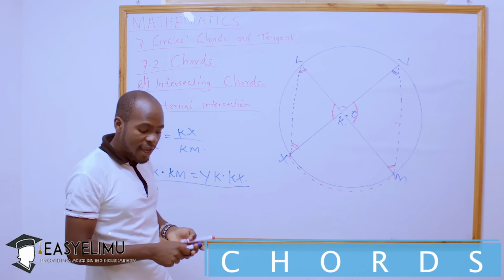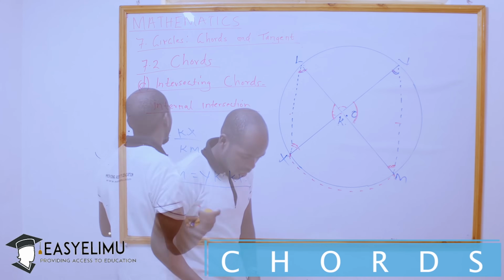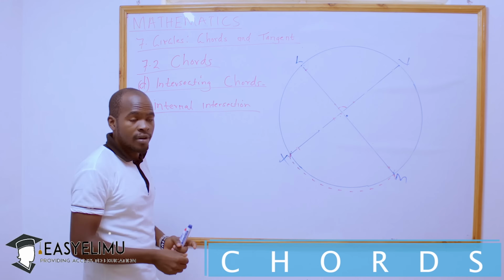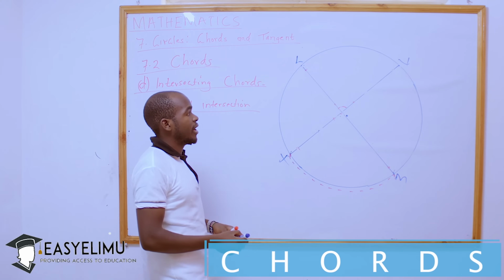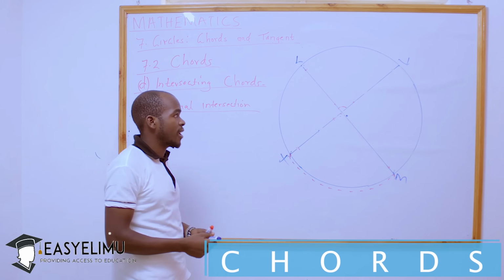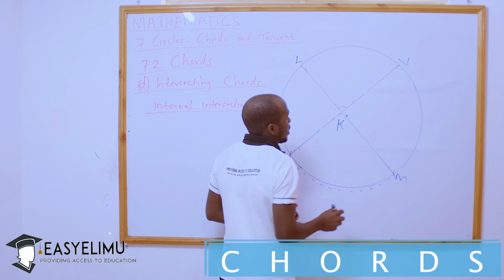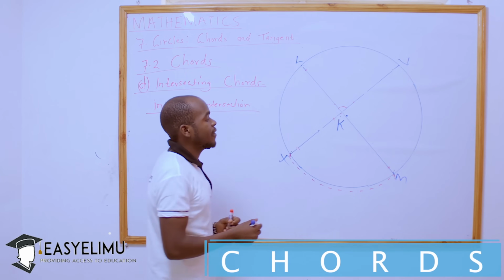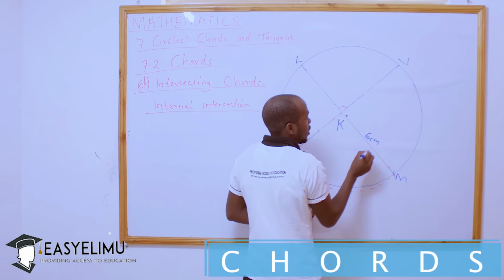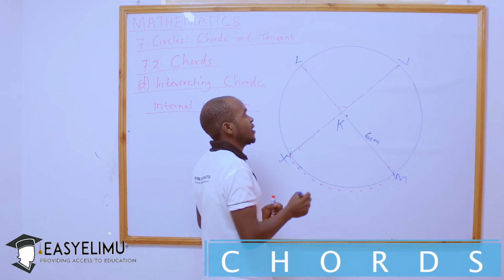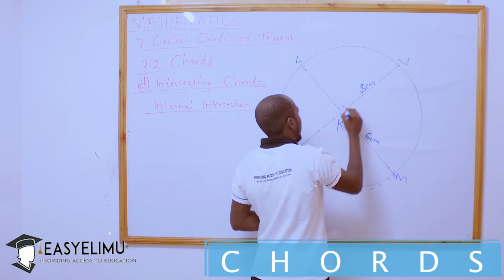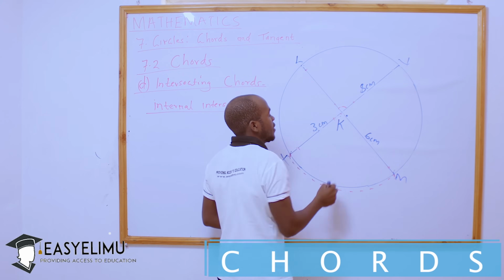So let's see an example pertaining to the same. We shall use that circle and the two intersecting chords, XY and LM, intersecting at point K, and say that from K to M we are given 6 centimeters, from K to Y is 8 centimeters, and the other one here we are having as 3 centimeters.